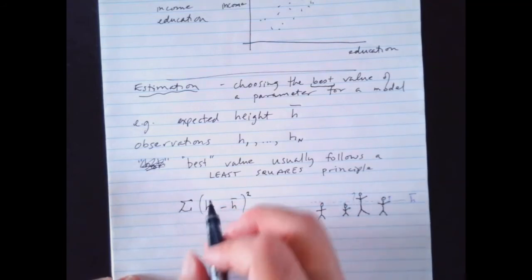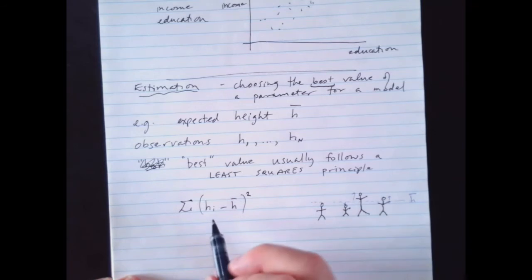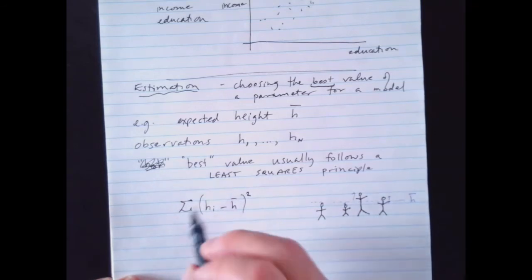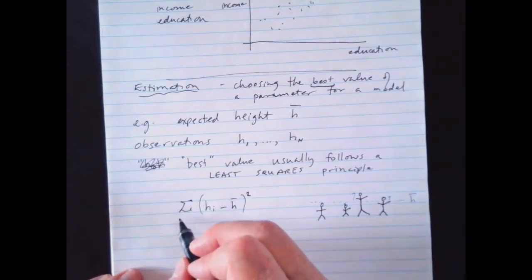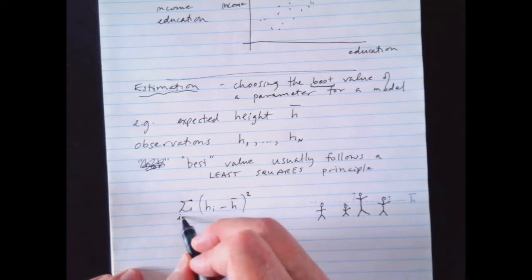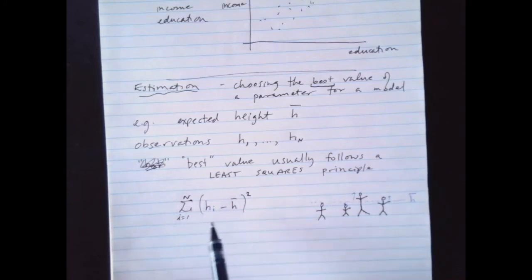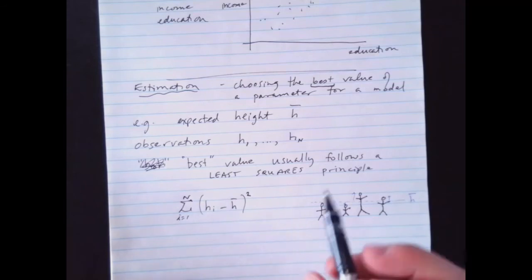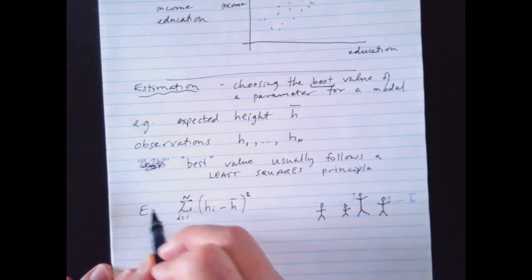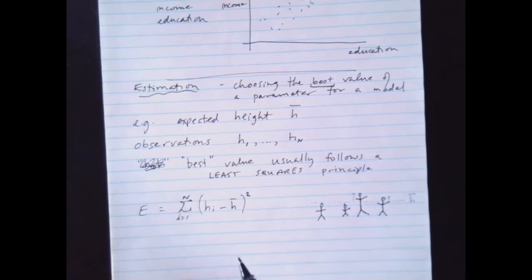When we add a series of numbers up, we can use the addition notation here of the sigma sign. So that's i equals 1 to n. So what we've done here is we've taken these individual deviations and we've squared each of them, and then we've added them up. And I'll call that E.